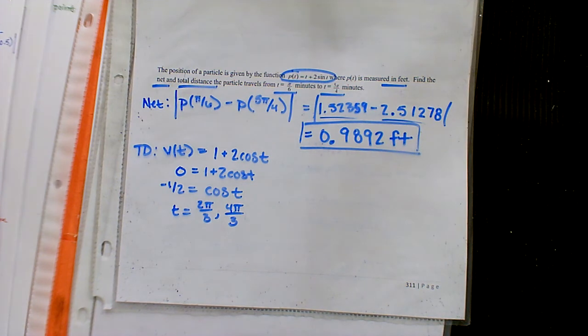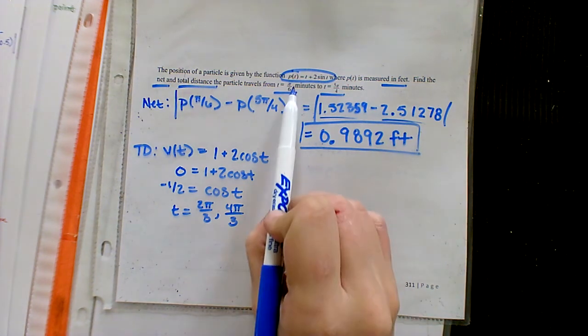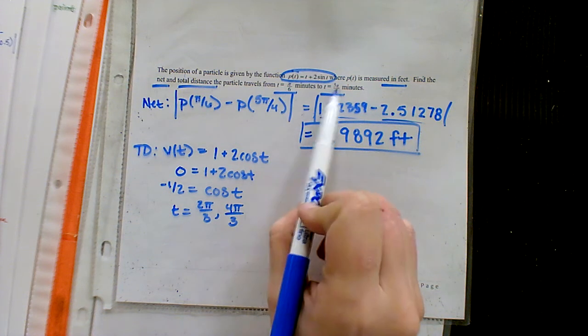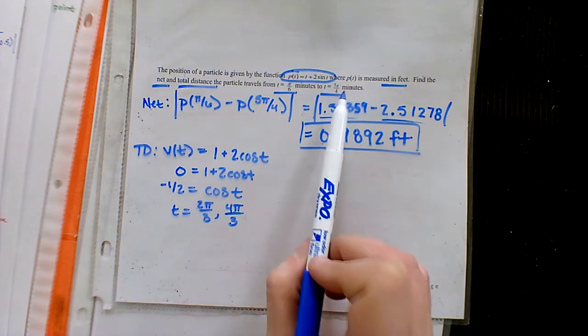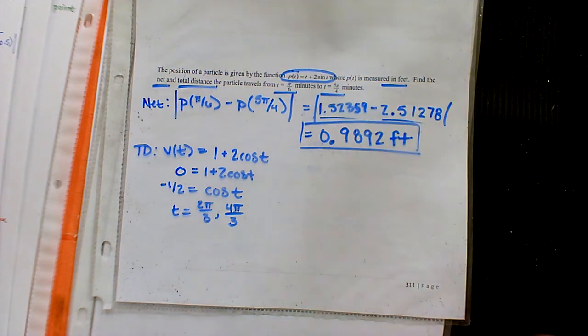All right, so looking at these two critical points and noticing how the interval is pi over 6 to 5 pi over 4, 2 pi over 3 definitely falls within the interval, but I think 4 pi over 3 is a little bigger than 5 pi over 4, because 4 over 3 is 1.33333 and 5 over 4 is 1.25.